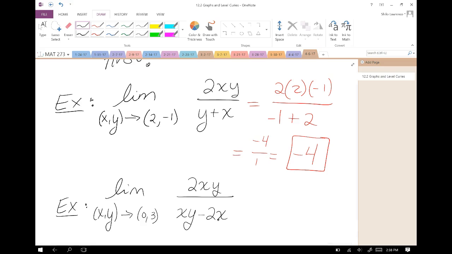The limit as (x, y) approaches (0, 3) of 2xy over xy minus 2x. Always try direct substitution first and see what happens.